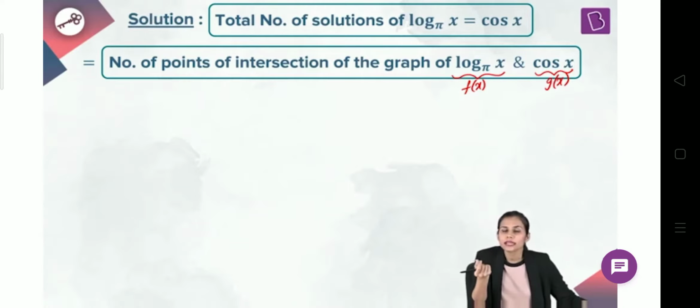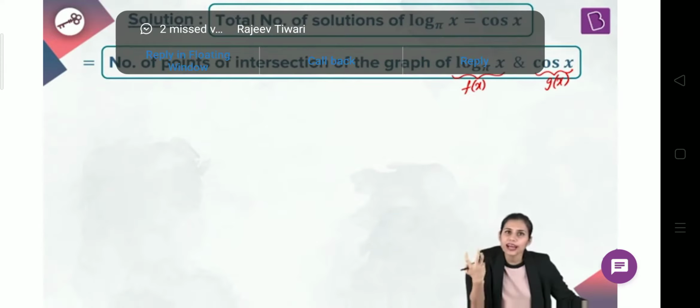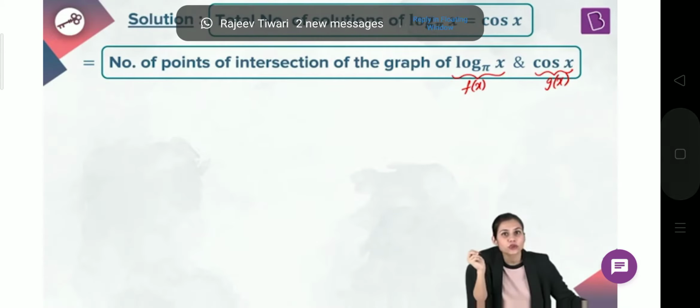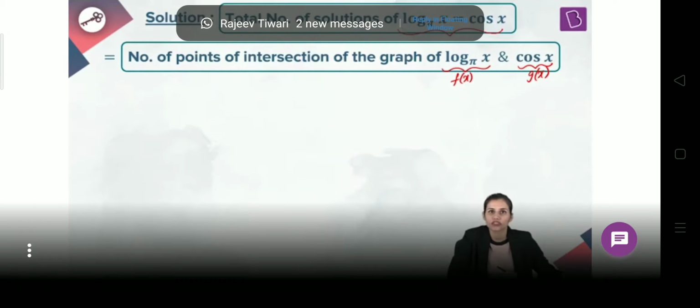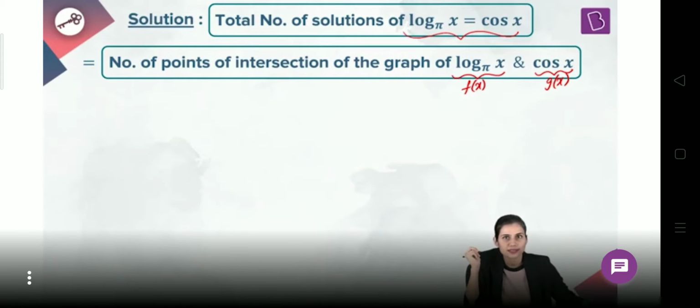Whatever that number comes out to be is going to be my final answer, because that number is going to represent the number of real values of x in the open interval 0, 2 pi which are able to satisfy this given equation f of x equal to g of x. Got the drill? Let's start.